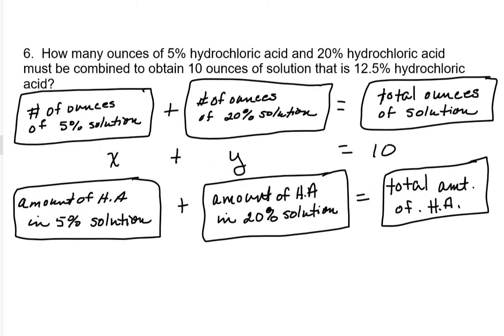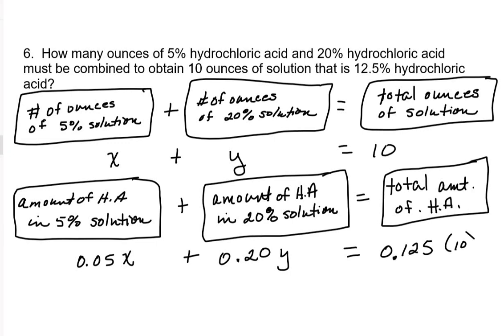Okay, the amount of hydrochloric acid that's in the 5% solution is going to be 0.05 times X. The amount of hydrochloric acid in the 20% solution is 0.20 times Y, and the total amount of hydrochloric acid is going to be 0.125 times 10.